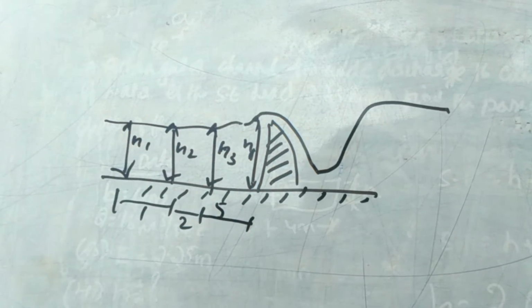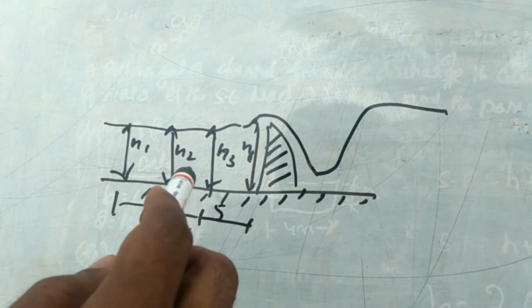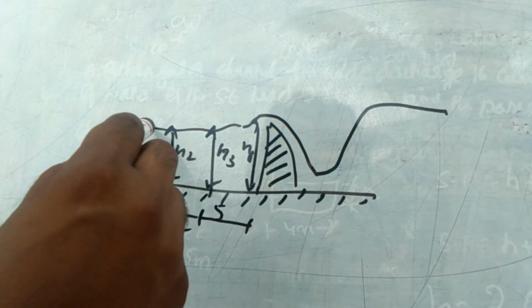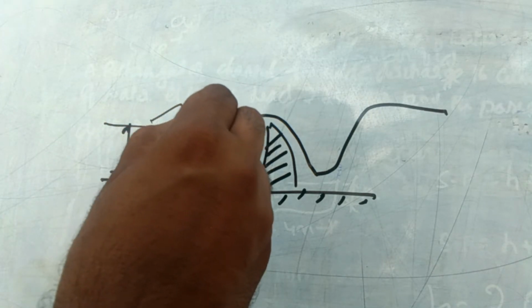So for different distances, the height will change. But this variation is called gradually varied flow.